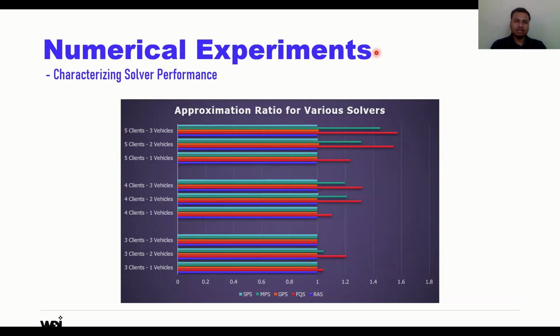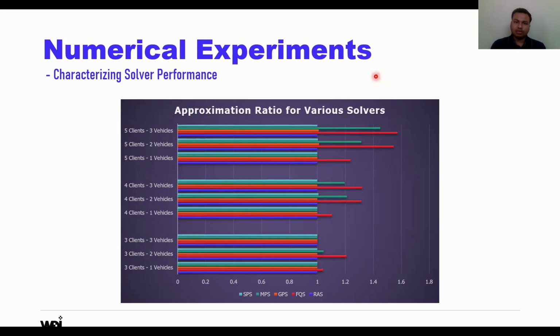This slide shows the results we have obtained by running the experiment on quantum annealers like the Leap hybrid sampler. Using all the previously described solvers, we have been able to achieve good accuracy up to 11 clients and 10 vehicles for at least one solver.